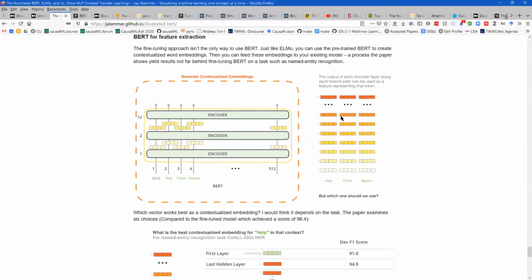Yes, so that makes sense. So here are the outputs of the 12 layers, and for each word you get one contextual embedding. So you get 12 different contextual embeddings for each of these 3 words.